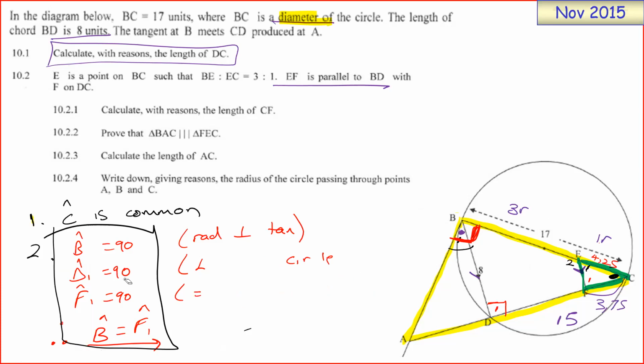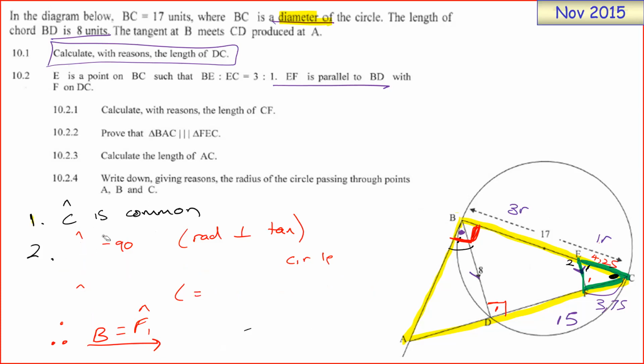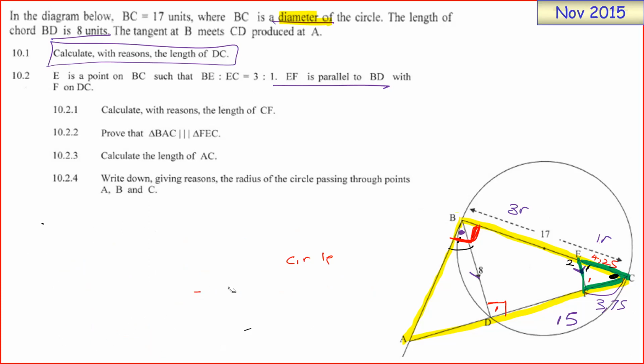And the next question said, calculate the length of AC. Any ideas? Is it not possible to do Pythagoras, sir? AC squared is equal to BC squared.